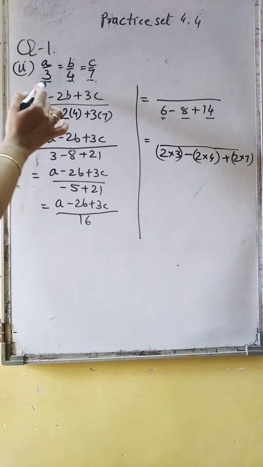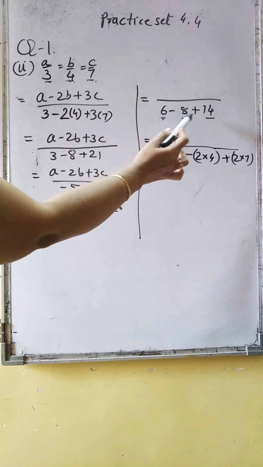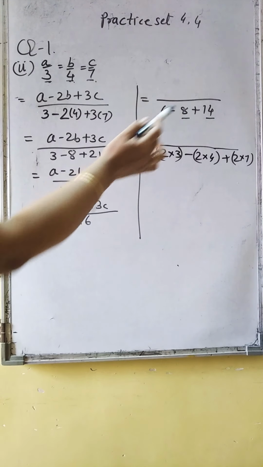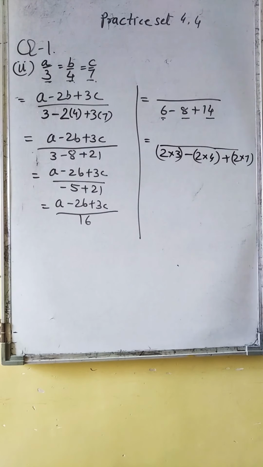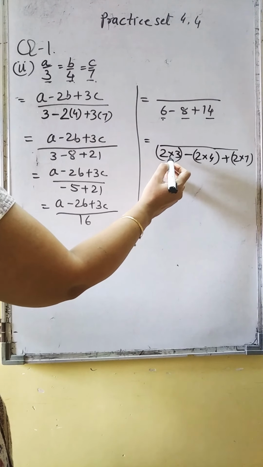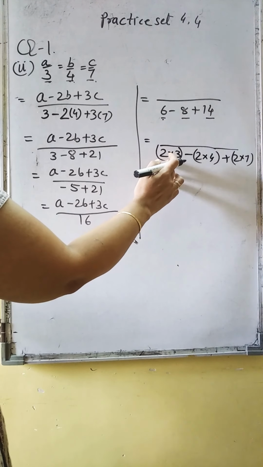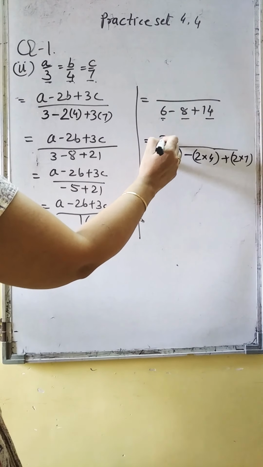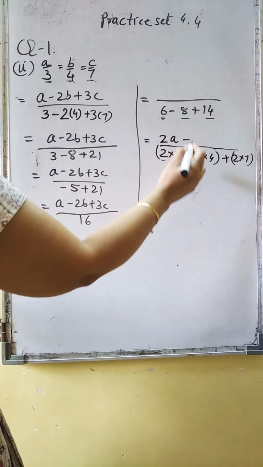So as per your A, B and C, you are trying to adjust the given denominator. Denominator is given 6 minus 8 plus 14. So I have written in this way. So whatever way is here, the same way can be done. Where there is a 3, I can write down A in the numerator. So it will be like 2A, minus sign is there.